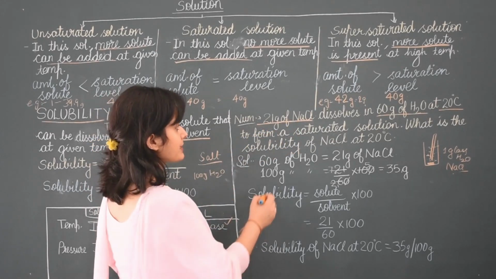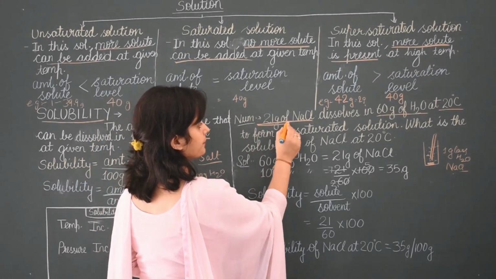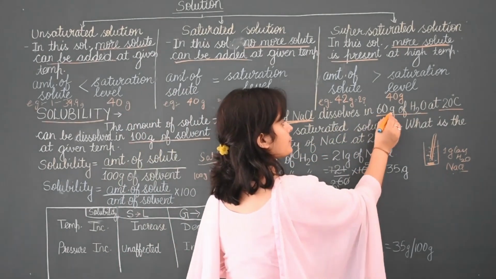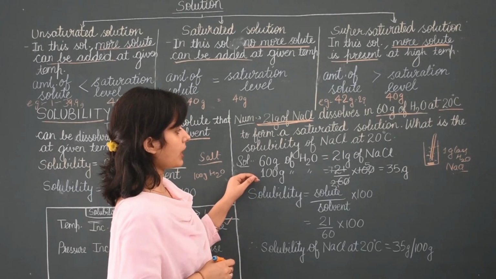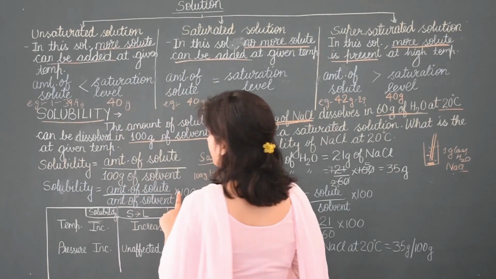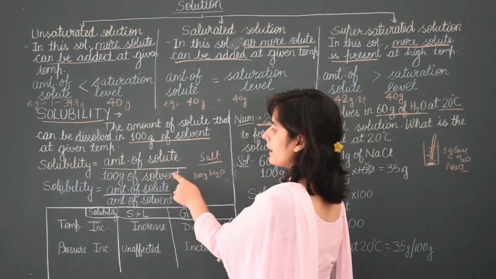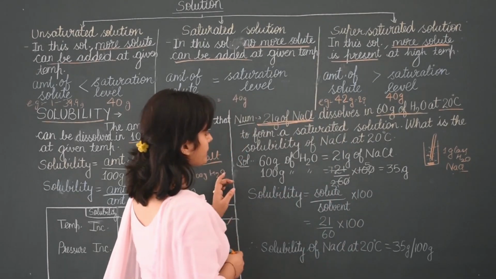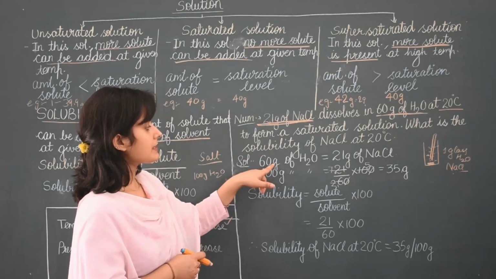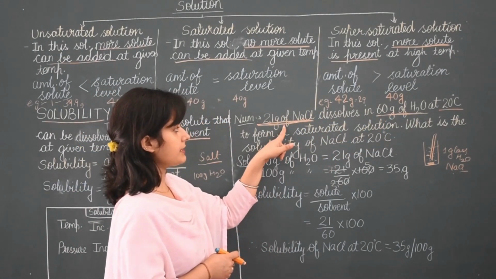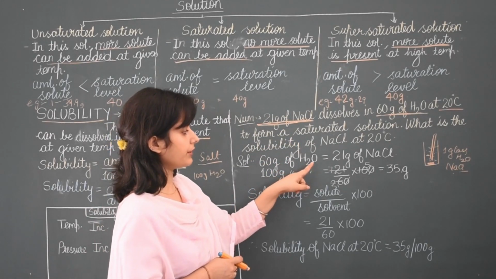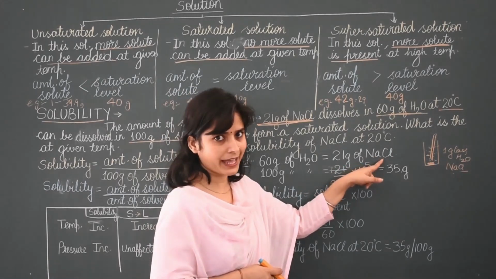21 gram of NaCl is the solute and 60 gram of water is the solvent. So to calculate solubility, what can we do? The first formula is amount of solute per 100 gram of solvent. According to this, you can simply write, as you have done in junior classes also: 60 gram of water contains 21 gram of NaCl.